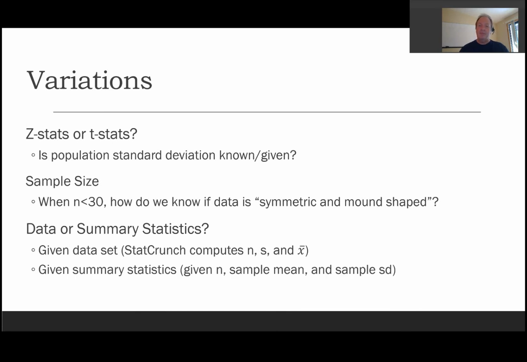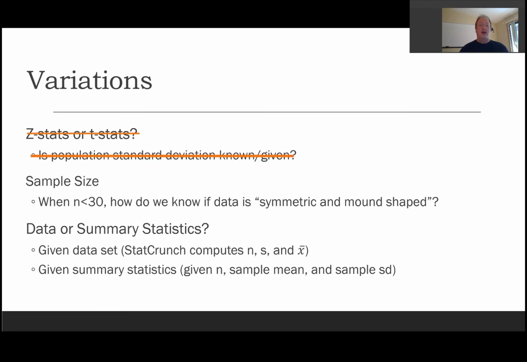And sometimes you're going to be given the summary statistics. In other words, when you read a research paper, for example, it's very rare they actually show you the raw data set. They usually summarize the main statistics that you're going to be using when you're doing your analysis.